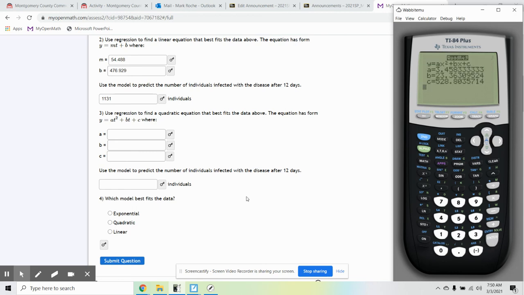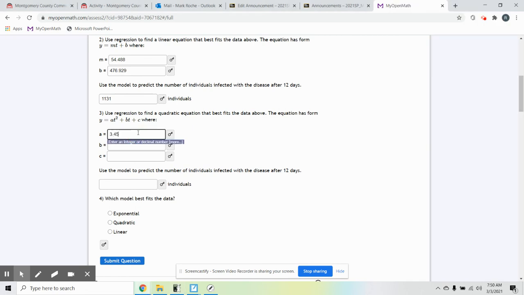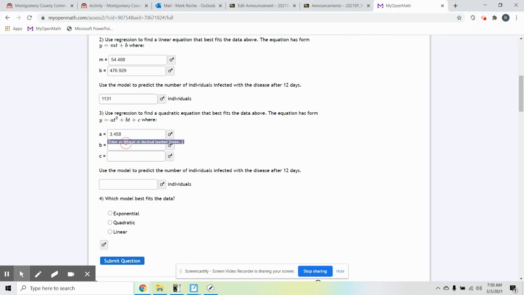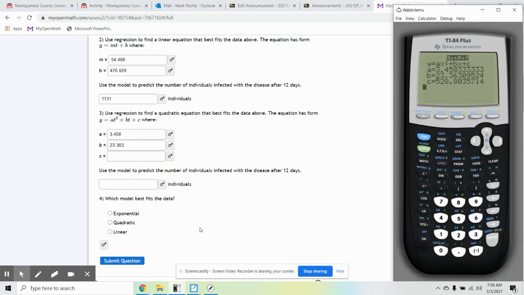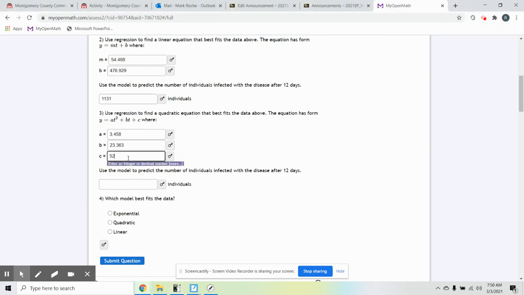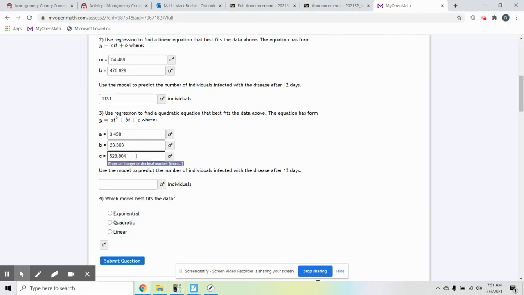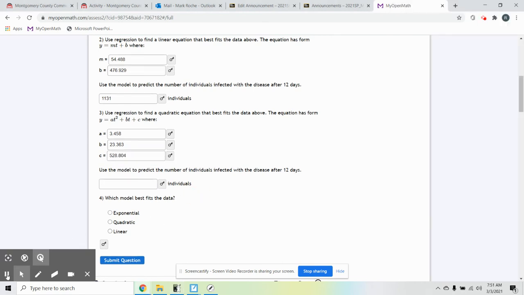Okay, so my A here is going to be 3.458. B is going to be 23.363. C is 528.804.